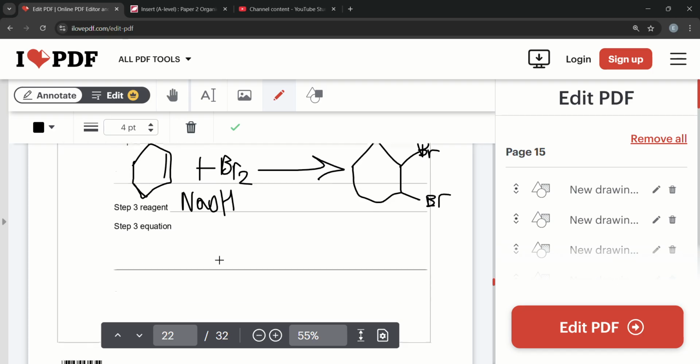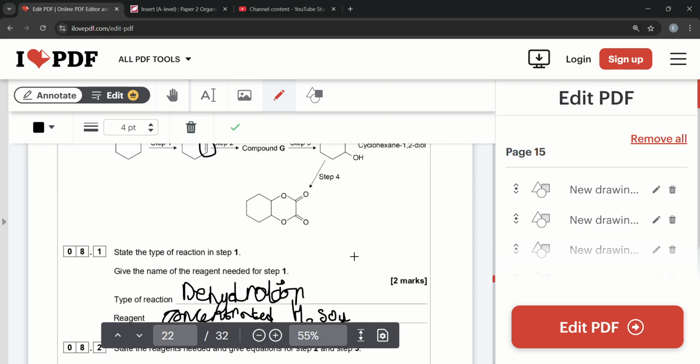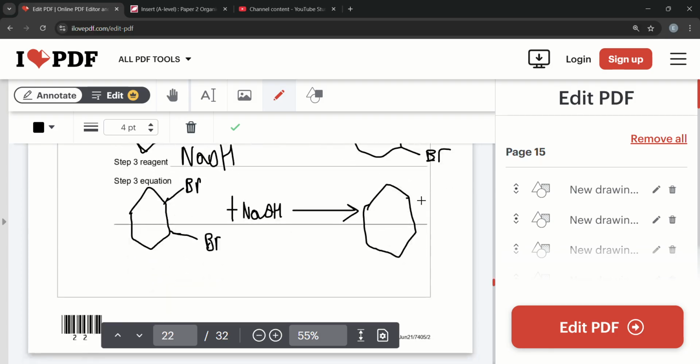NaOH, and the equation is going to be Br plus NaOH to form that with OH and OH, OH and OH.